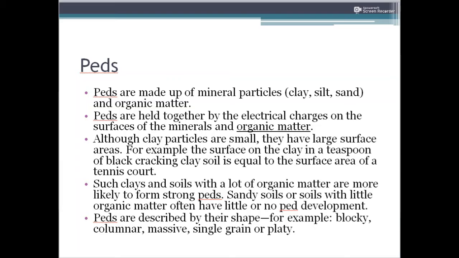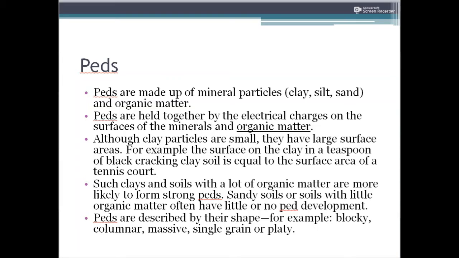Coming to peds, as we saw in the picture earlier, they consist of mineral particles, clay, silt, sand, mixed along with the organic matter. In the peds, these are held together by electric charges on the surface of the minerals as well as the organic matter.